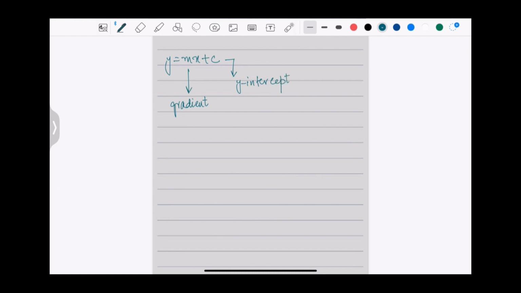The y-intercept is a point where the straight line cuts the y-axis. Gradient can also be represented as y2 minus y1 over x2 minus x1, or change in y over change in x.